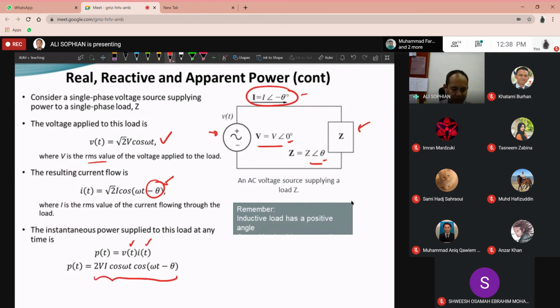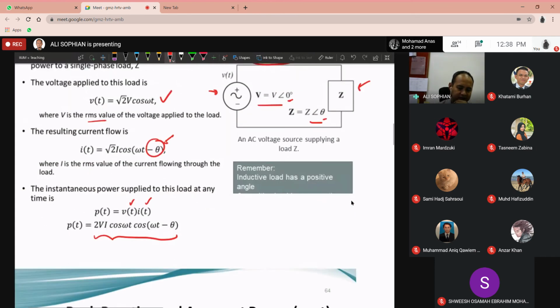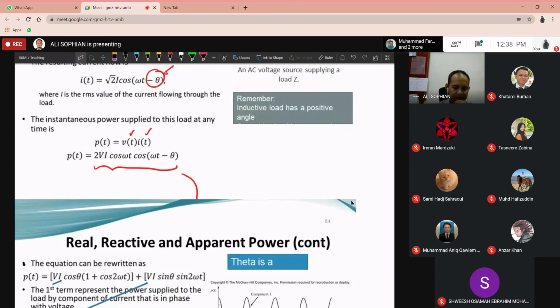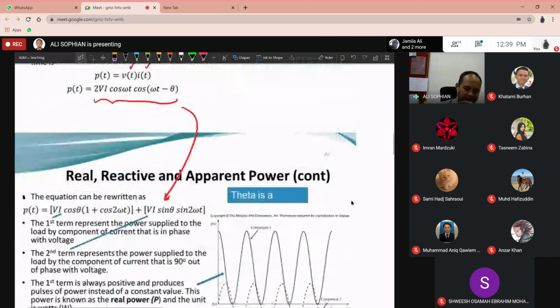And then if you use a trigonometric identity, you can expand this expression from there to this. All of this, not just that one.